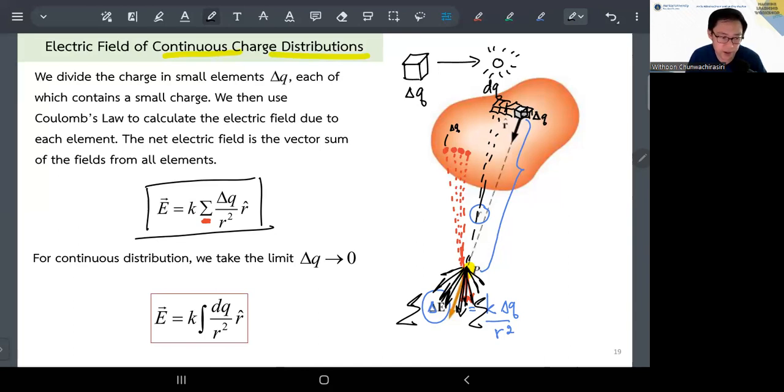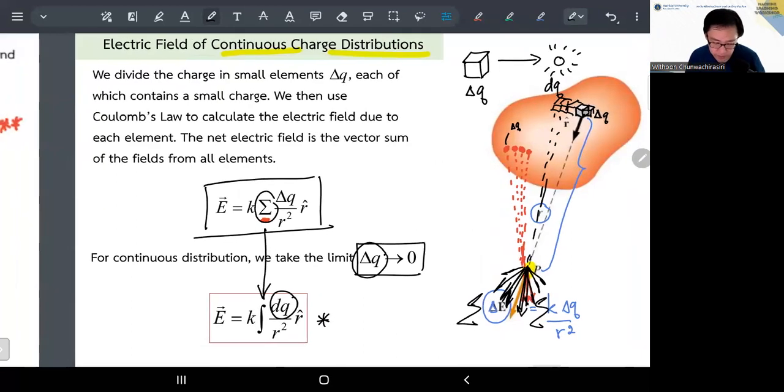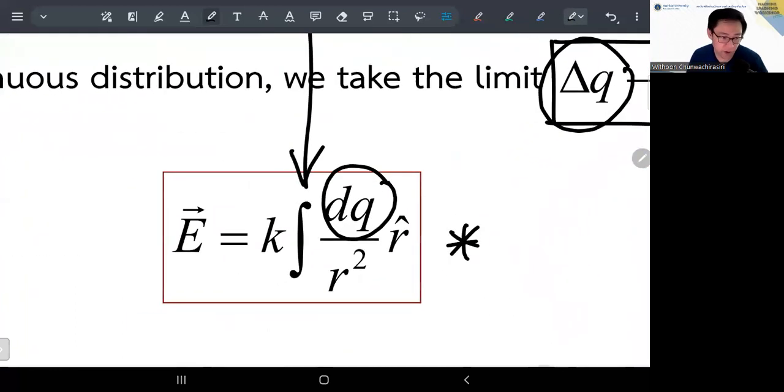Does this ring a bell? In the limit of delta Q approaching zero, your delta Q will be written as dq, that's your notation from calculus. And then you turn your summation into an integral. That's how you calculate electric field from a continuous source of charge.